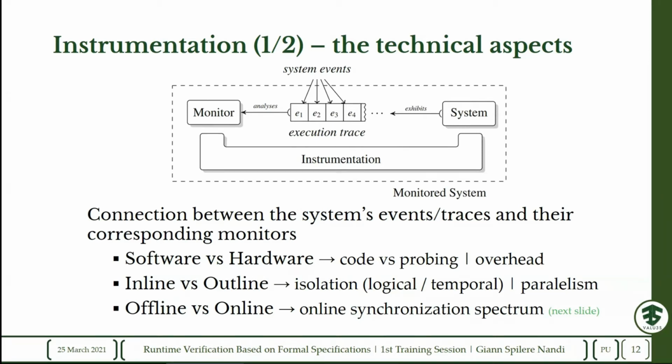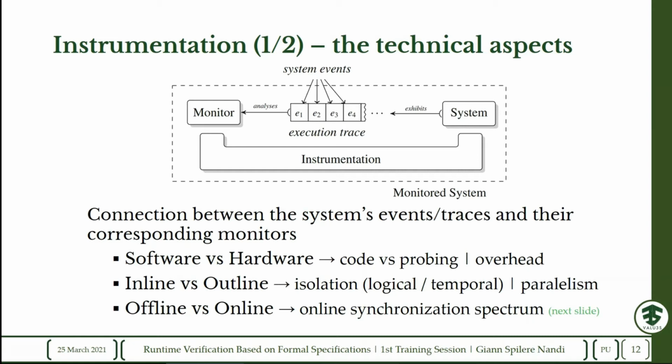And because of that, you can achieve a better isolation in terms of temporal aspects and logical aspects. You can also increase parallelism by using outline monitors, but you also have to keep in mind that you somehow have to probe the system to obtain the data, because when you use inline monitors, the monitor is already inside of the code, and it makes it much easier to get information.